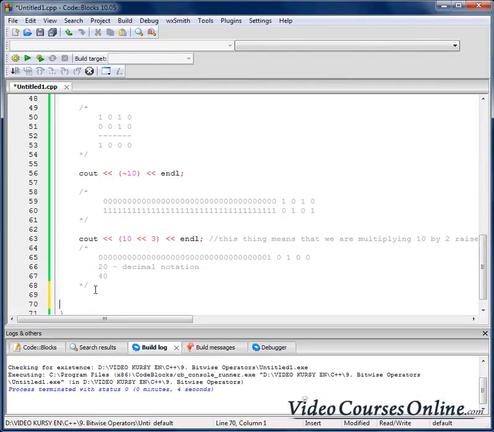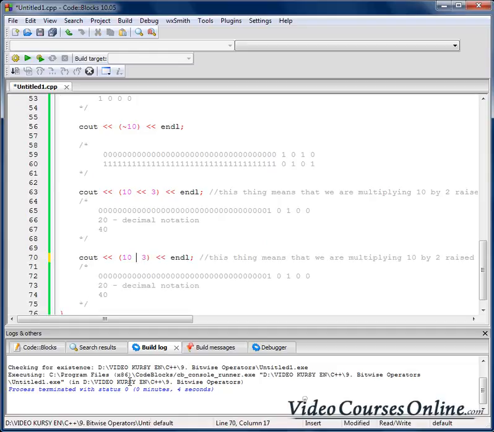Okay, so if I do it the other way, so that we are dividing 10 by 2 raised to something, let's divide by 2 raised to the power of 1. So I am dividing 10 by 2, so the result should be 5. This time we are moving the bits the other way, so this will change to 0, 1, 0, 1.